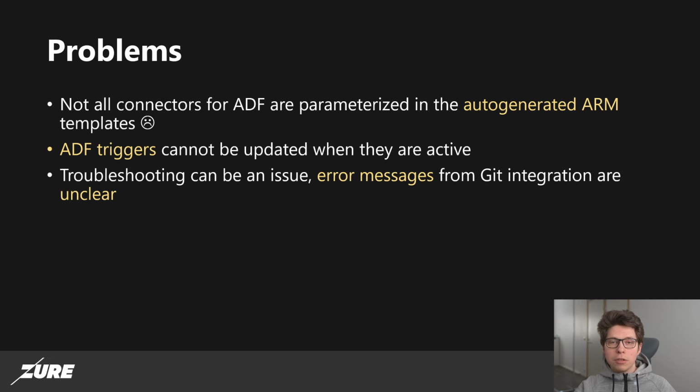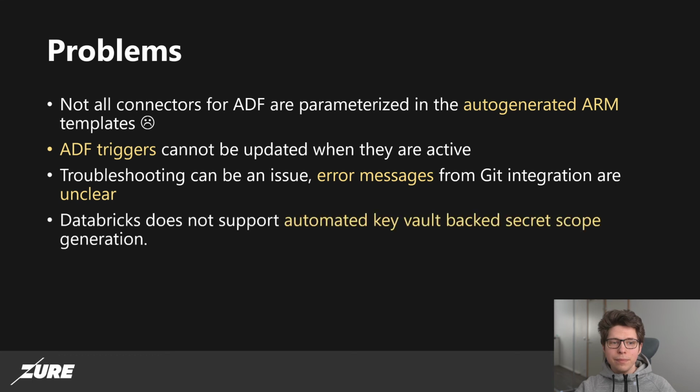And troubleshooting can also be an issue, because the error messages from the Git integration are a bit unclear. I will have an example for you in the last slide. And yeah, Databricks does not support key vault-backed secret scopes generated automatically.